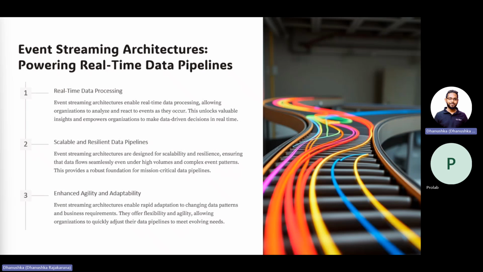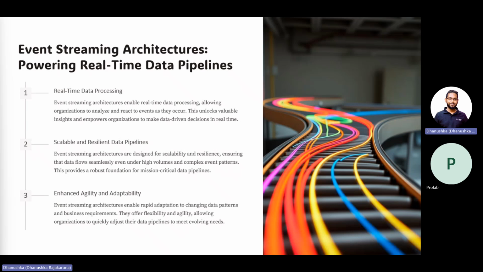So popular tools and frameworks used in event streams will be event brokers like Apache Kafka, Amazon Kinesis, Google Pub/Sub. For stream processing, Apache Flink, Kafka Streams, Apache Spark Streaming.